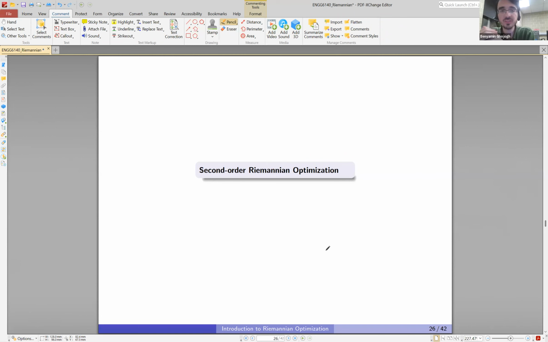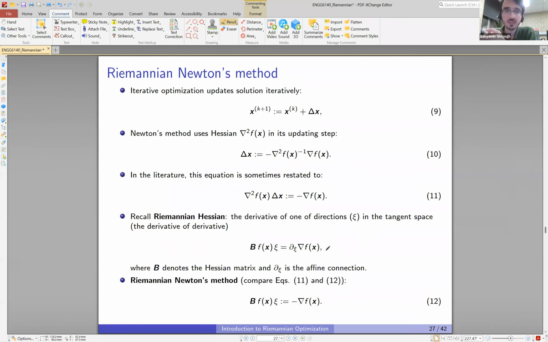Now let's talk briefly about second order Riemannian optimization, such as Riemannian Newton's method. So we know that iterative optimization algorithms are like this: xk plus 1 is xk plus some delta x, some update, right? And delta x in gradient descent is minus lambda gradient of f, right?